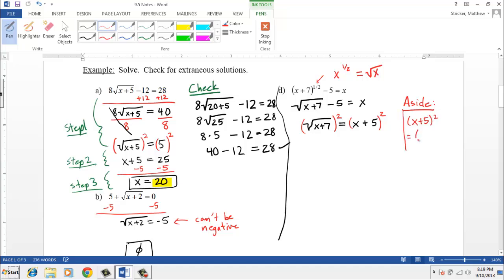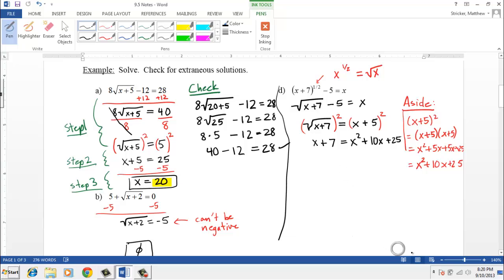And so that of course is x plus 5 times x plus 5, which is equal to x squared plus 5x plus 5x plus 25, which is equal to x squared plus 10x plus 25. So that right hand side is now a lot more complicated. The right hand side is x squared plus 10x plus 25. And then the left hand side, of course, the square root is now gone, so we have x plus 7.